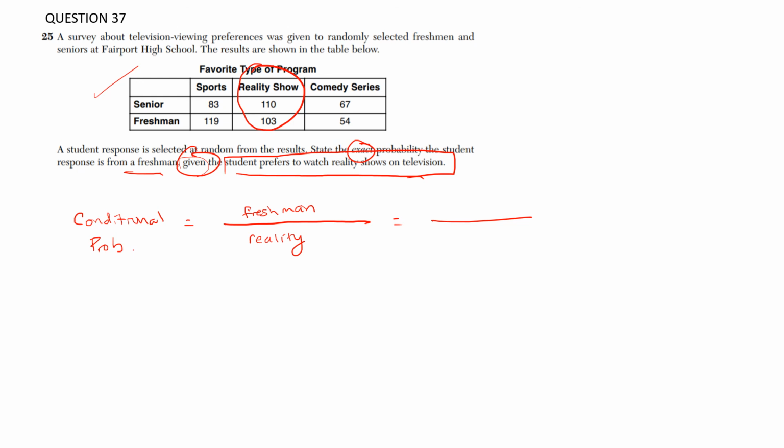So reality is 110 seniors plus 103. And for the response to be a freshman, that's 103 of them, right? 103 within reality show. So we don't have to make this a decimal. We can leave the exact probability as this, 103 over the sum of these here, 213.